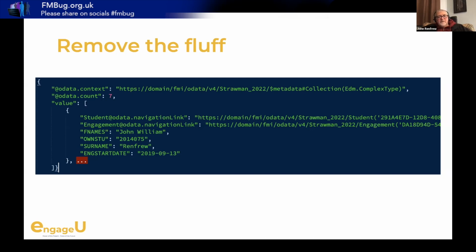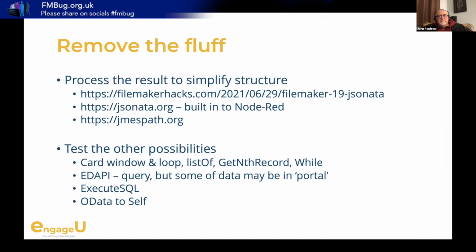So one of the next things was, okay, how might you want to just get to those core pieces of data? On Kevin Frank's FileMaker Hacks, there was a great article with a demo file, which, assuming we have a tiny bit of time, I'll show you, about a thing called JSONata, which is a JavaScript library that enables you to create XPath type queries into the JSON data to just get back the pieces of data that you're after.